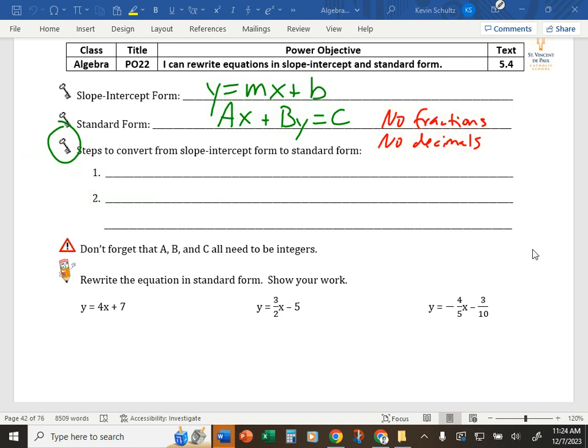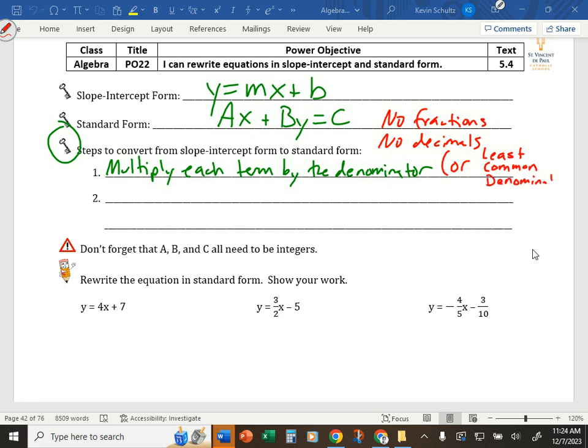So step 1 is to multiply each term by the denominator, or the least common denominator, which can be abbreviated to be LCD.